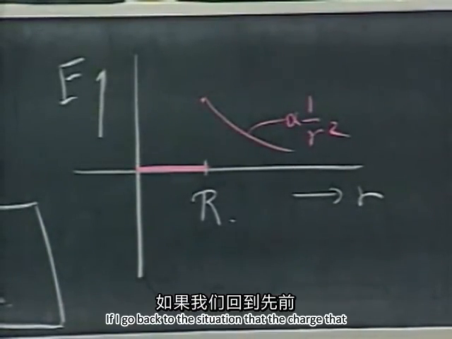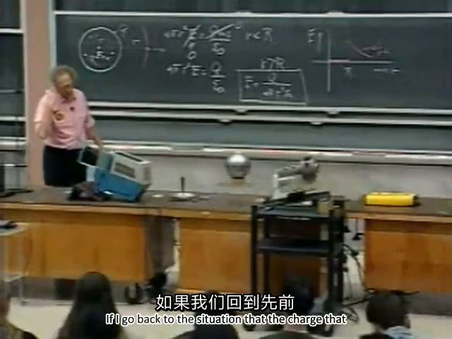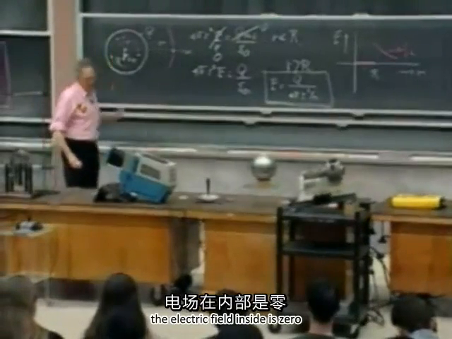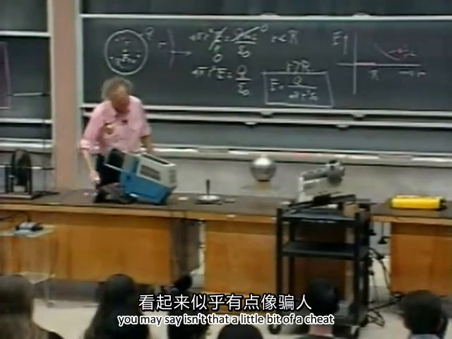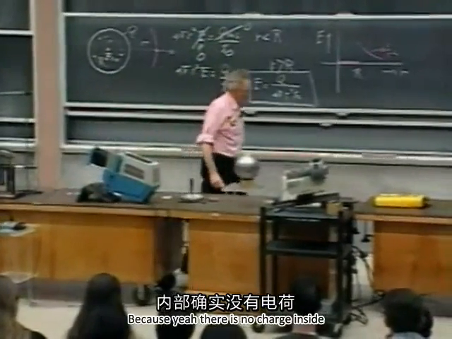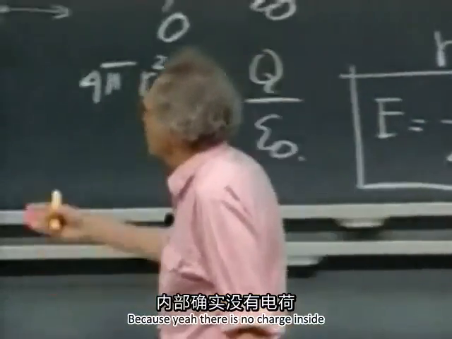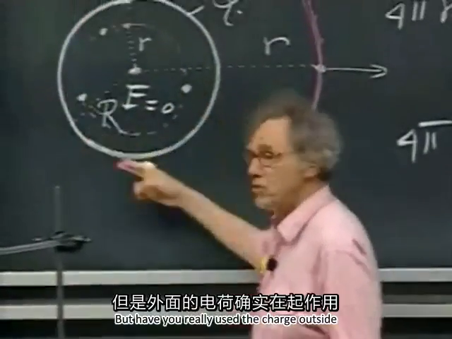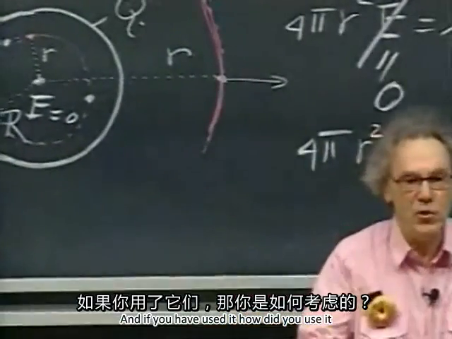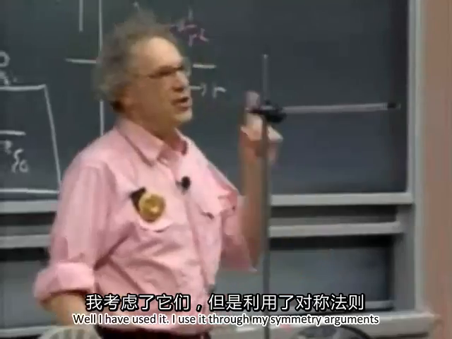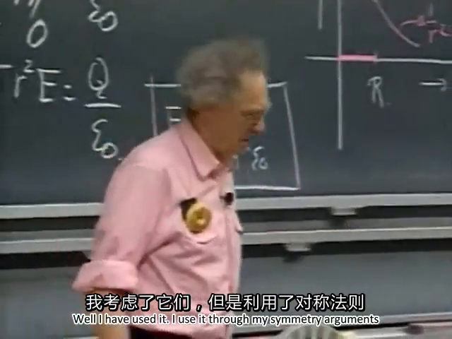If I go back to the situation that the electric field inside is 0, you may say, isn't that a little bit of a cheat? Because yes, there is no charge inside, but have you really used the charge outside? And if you have used it, how did you use it? Well, I have used it through my symmetry arguments.